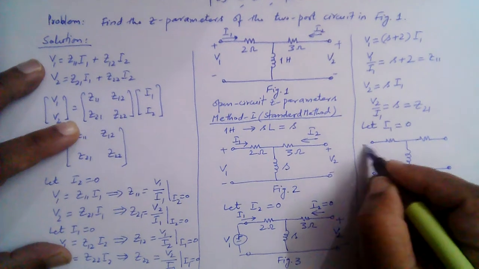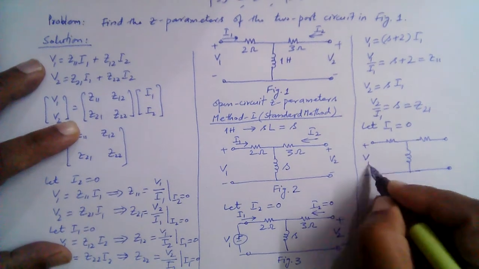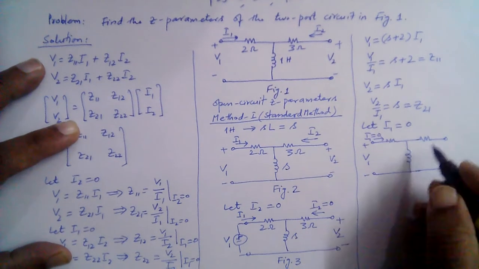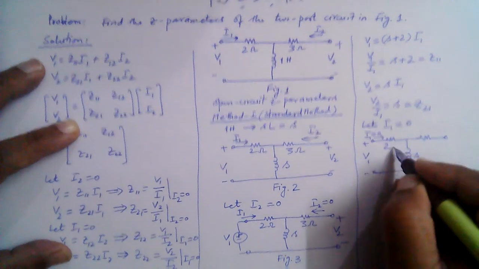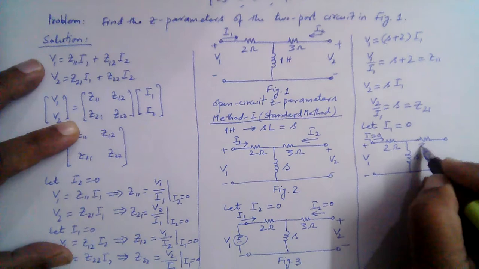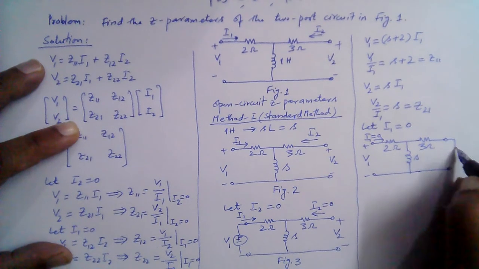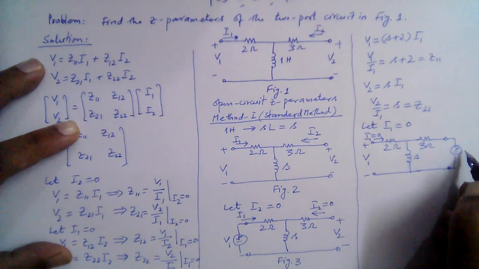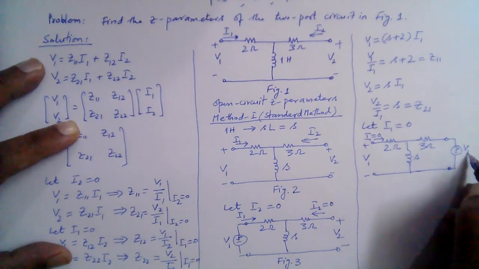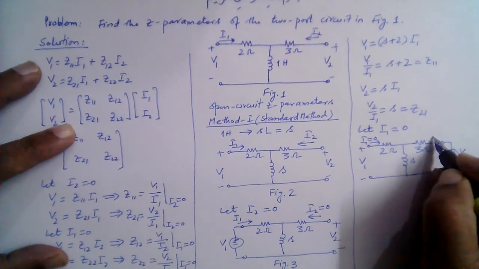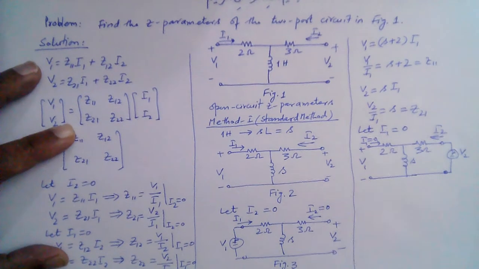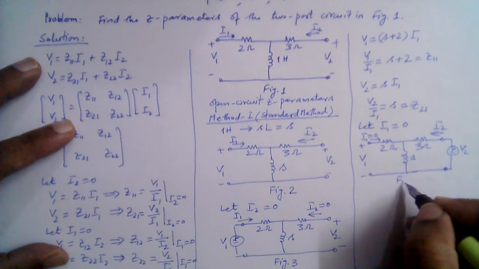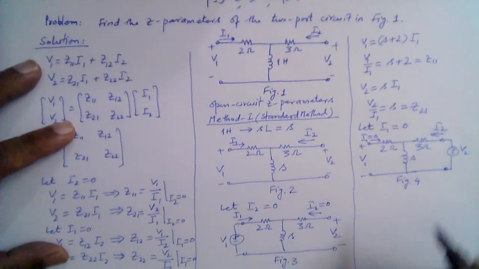This is voltage V1, and I1 is equal to 0, and this is S, this is 2 ohm, 3 ohm, and we assume that there is a voltage source connected here which is V2, and the current flowing in here is I2. Let me call this fig 4.